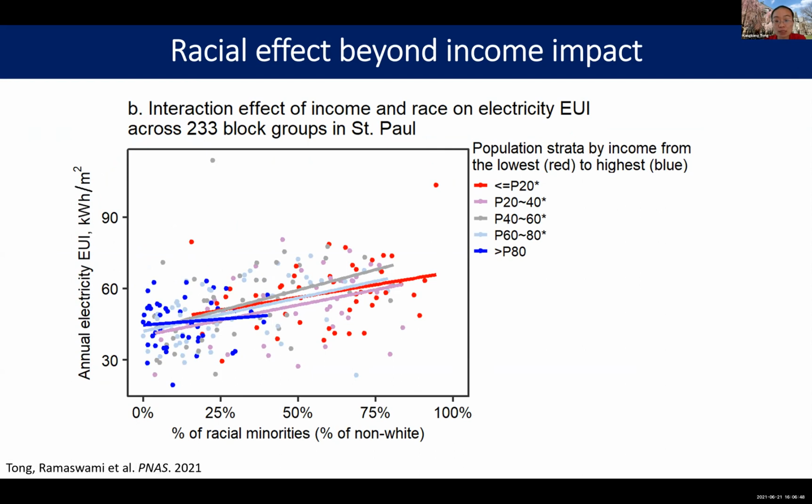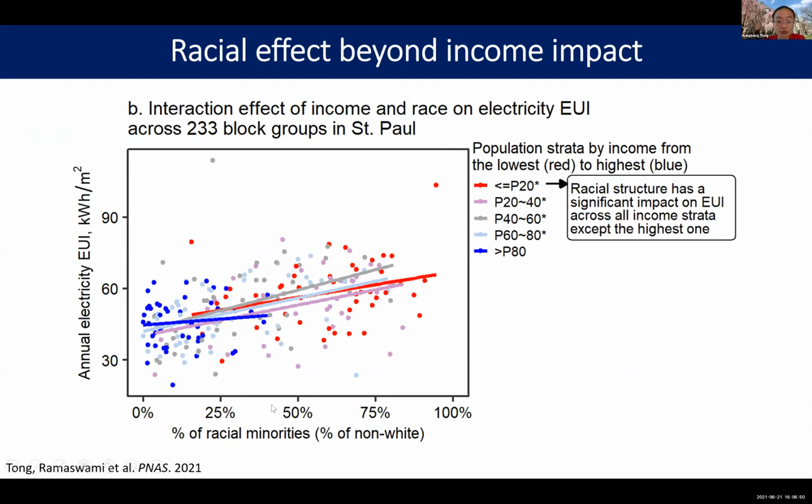What we're seeing is that the racial structure, the percentage of racial minority, has a significant impact on energy use intensity in the lower income strata, but not in the highest income stratum. That means the impact is significant within the same income level: if a place has more racial minorities, that influences the energy use intensity.